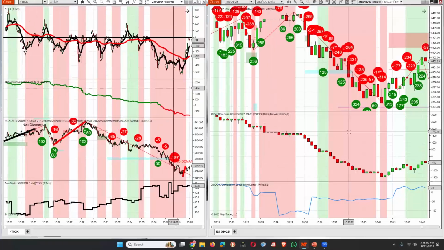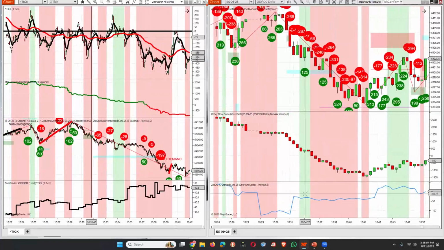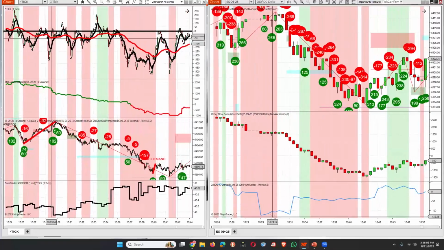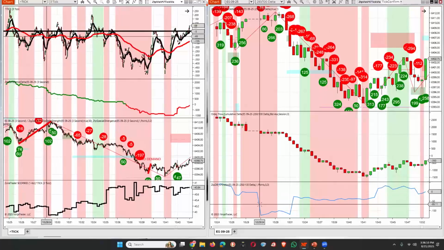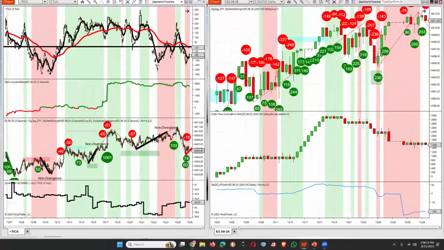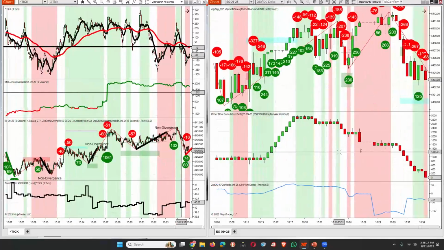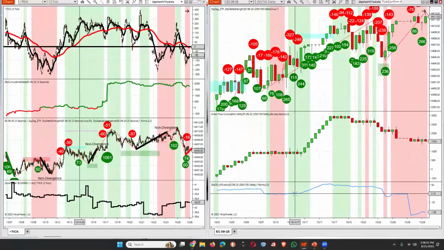One of the other things that I do have is my KP2 ratio. Again, higher means resistance, lower means support. Here is kind of a good example.